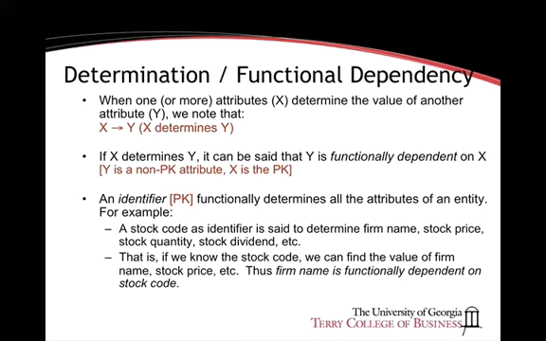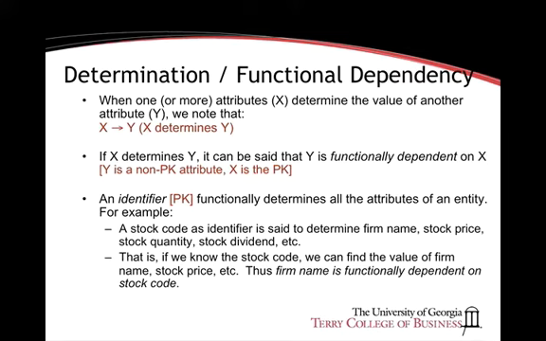Before we move to looking at second normal and third normal forms, let's look at what will help us get to those normalization forms. The concept that is used to develop 2NF and 3NF forms is that of functional dependency. Functional dependency is when one or more attributes is used to determine the value of another attribute. If y is determined by x, it is said to be functionally dependent on x.